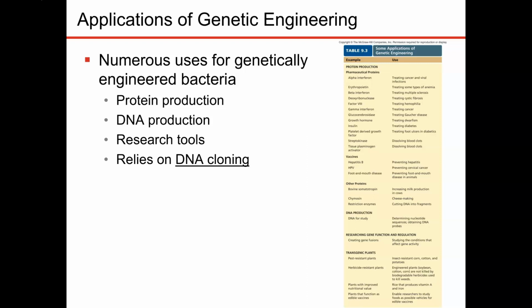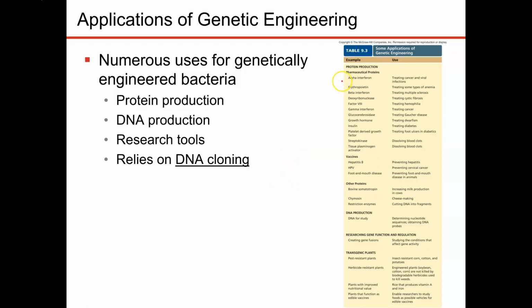So we have a lot of applications of genetic engineering. Some I wrote over here. You can see a whole list over here. Protein production, big one. DNA production, research, and cloning are some of the major things. When I think of protein production, we produce proteins.